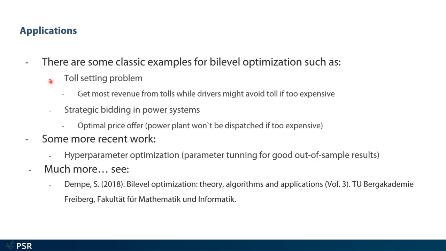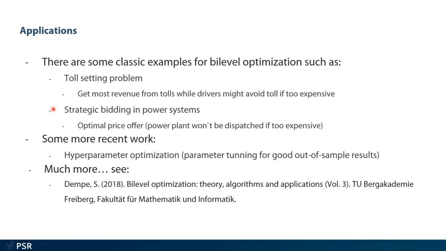Two very interesting problems are the toll setting problem, in which an owner of roads or tolls will try to figure out the best toll costs so that it will optimize its own revenue, while the drivers, which will be the competing agent, will try to either avoid tolls or to use them if they are cheap enough.